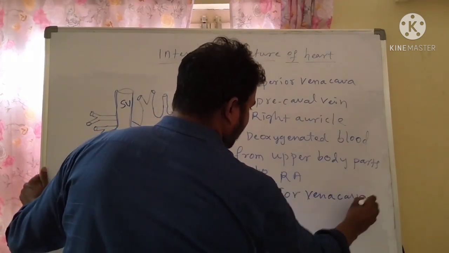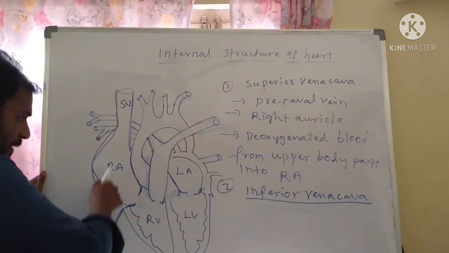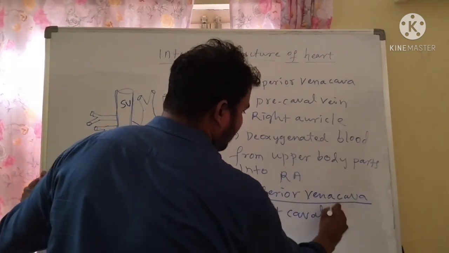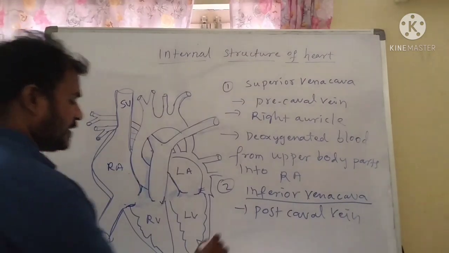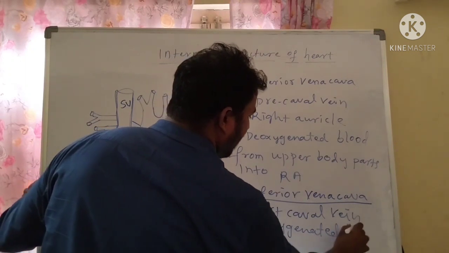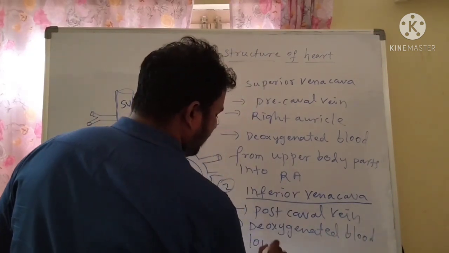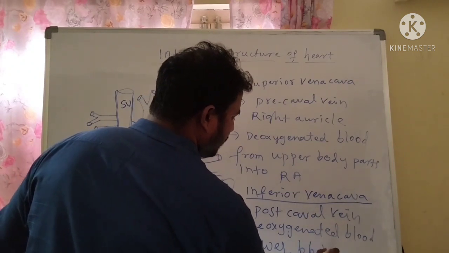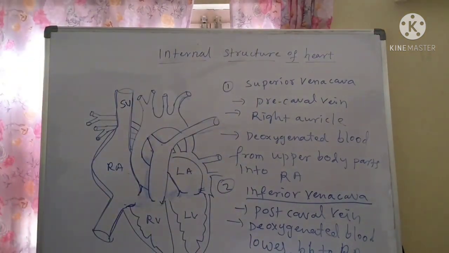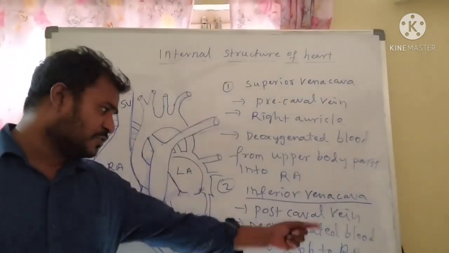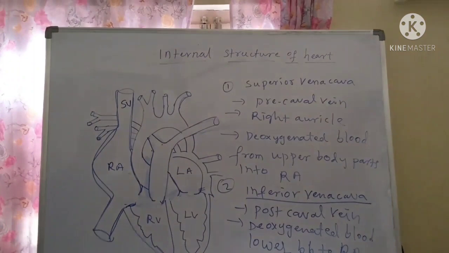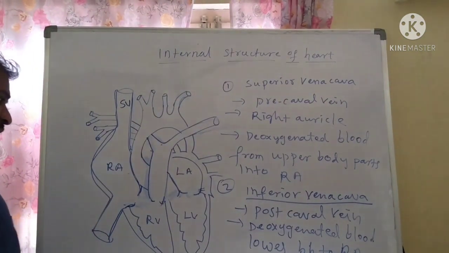It is also called the postcaval vein, which brings deoxygenated blood from the lower body parts into the right auricle.